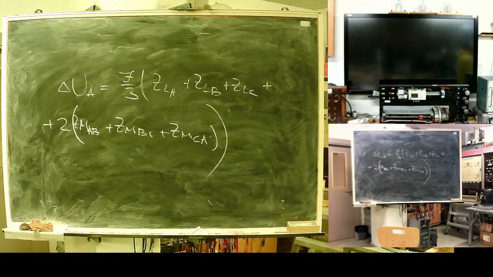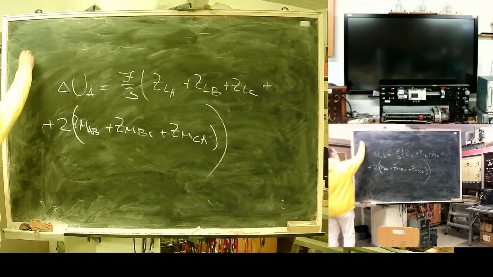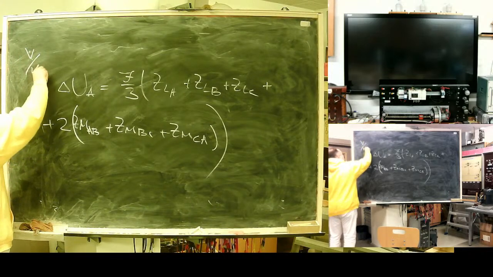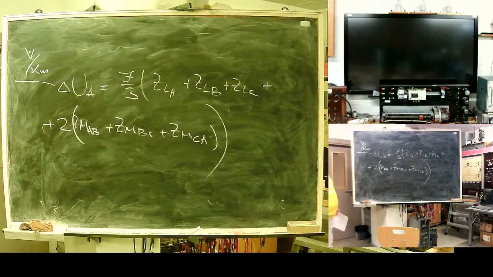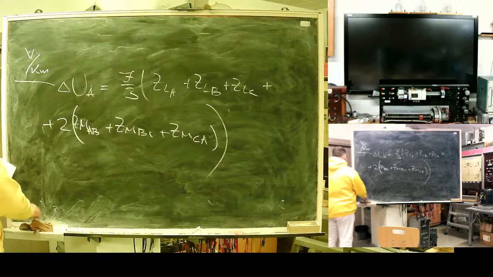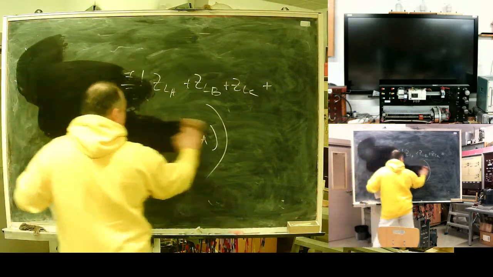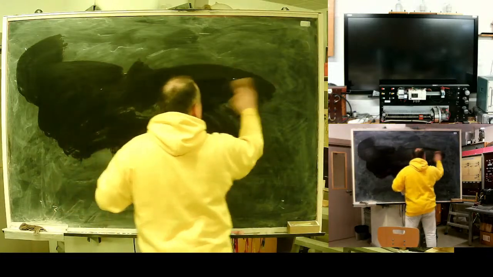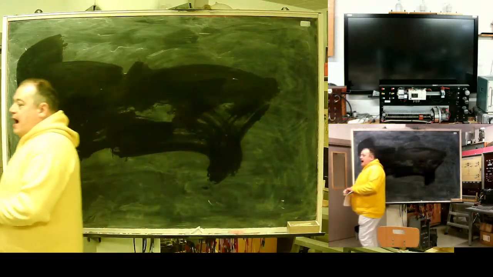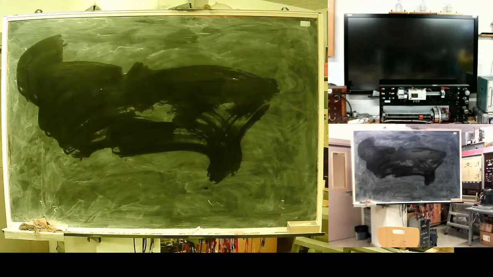I need per unit of length. I need in volts per kilometer. I need to remember one thing. In a full transposition cycle, I will have these three segments.